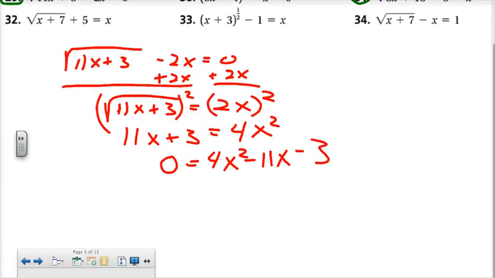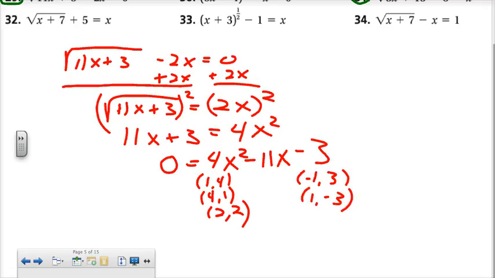So now what I'm going to try and do is factor it, and I notice that the first term up here is a perfect square, but the last term is not. There's no way that I can factor out a common monomial factor, so I need to think of all the combinations of numbers in the front that would give me 4, and those are it. And in the back, the combinations of numbers that would multiply to negative 3.